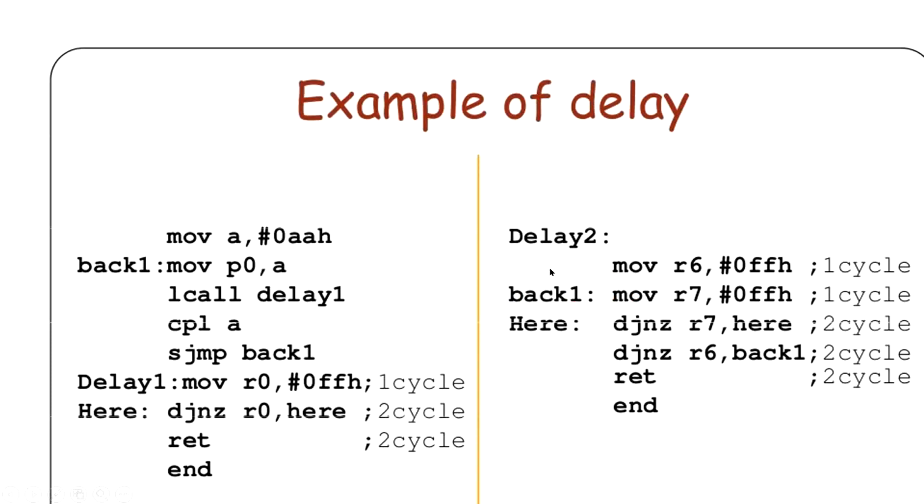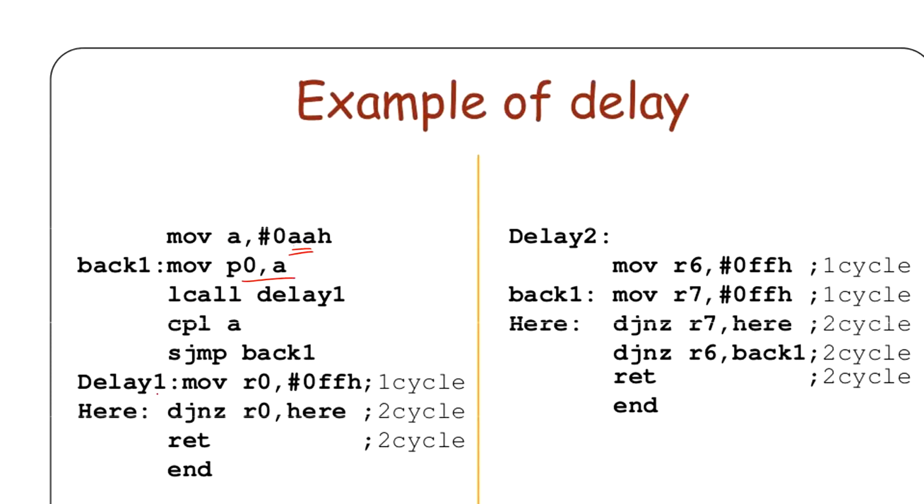Okay, let me take one simple delay program to see how many machine cycles it takes. See, for example, I have an instruction like moving AA into A, in the sense it is 10101010. I can rotate or complement it, so each bit will be complemented. So I move that value, whatever the accumulator content, that is AA, into port 0.